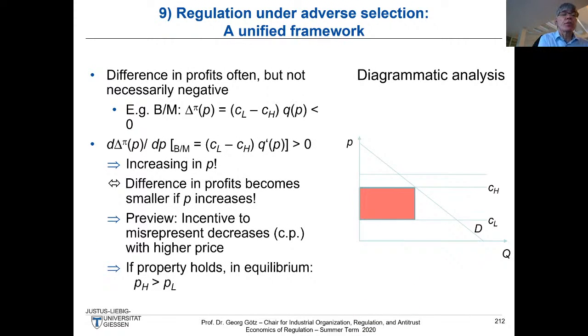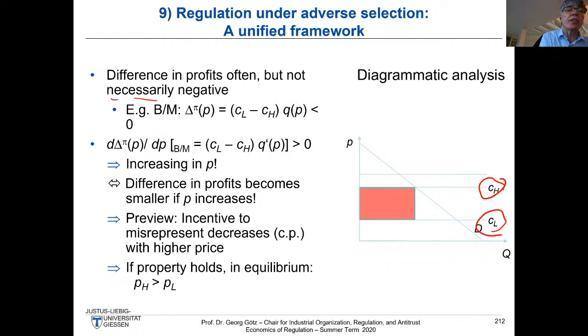Suppose the price the regulator sets for a high type is c_H, equal to the marginal cost. So we are in a Baron-Myerson setup here. The marginal cost of the low type is c_L. And if the firm, the low type, actually claims to be a high type, this red rectangle would be just the profit gain it gets from this cheating.